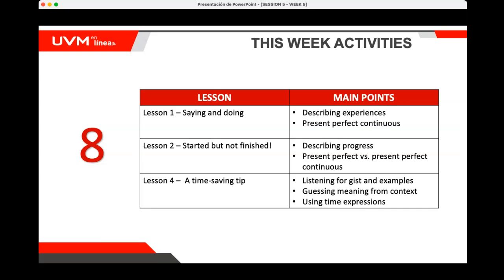So it would be good for you to search for specialized books, or also to watch some videos on YouTube about these kinds of strategies, because there is a lot of material there, videos in which the teacher explains these points and gives a lot of strategies to identify the gist and examples, or how to guess meaning from the context too. So I think you need to search for that kind of material.